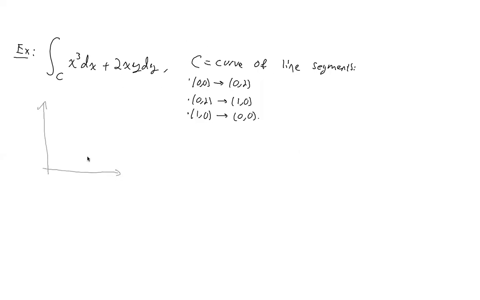In this case, we know that our curve goes from (0,0) to (0,2), from (0,2) to (1,0), from (1,0) to (0,0). So in total, our curve looks something like this. And the direction that it's going in, the orientation, is this way.